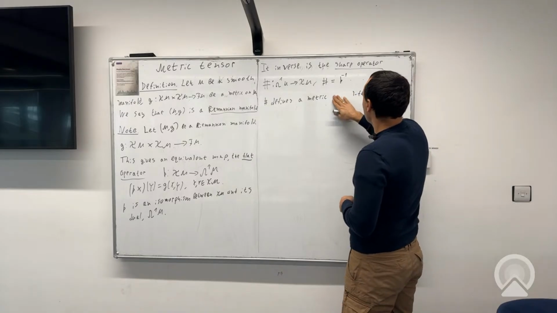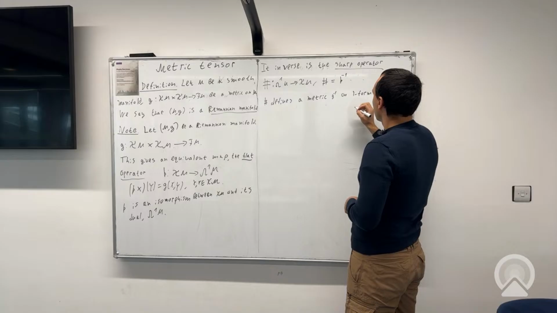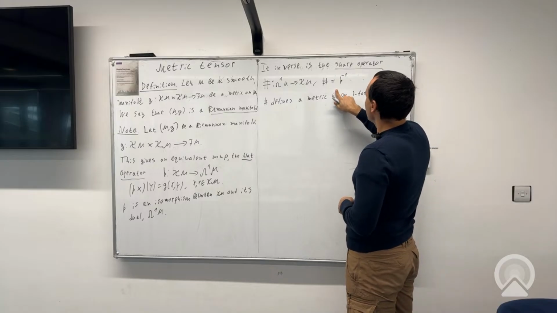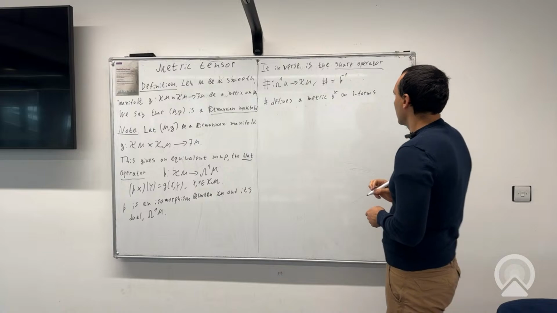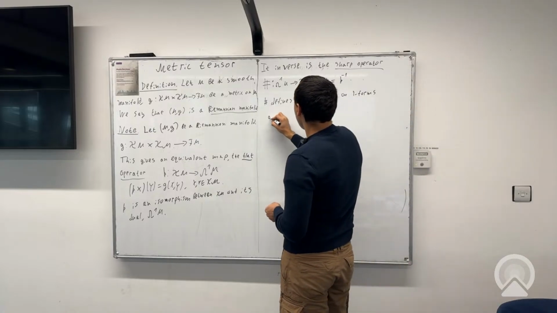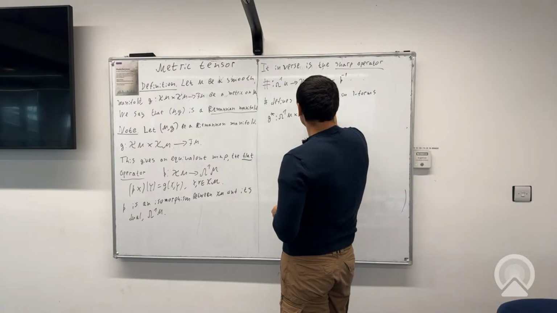Let's call it g to the minus 1, or I use g star in the paper, so let's call it g star. So g star is from two one-forms to functions.